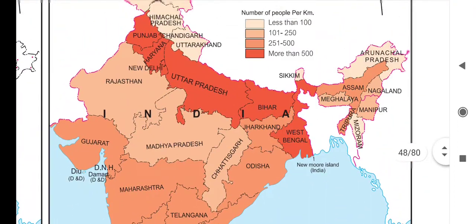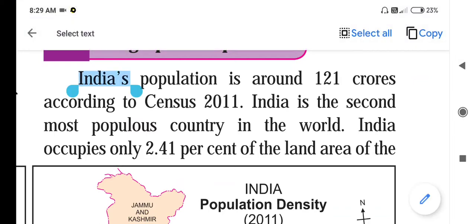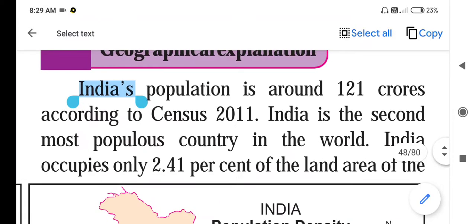So here it is said that India has 121 crore population according to the 2011 census, and India is the second most populous country in the world. First is China, and India occupies 2.41% of the total land, meaning on the whole world, whatever land is available, 2.41% is occupied by our country India.